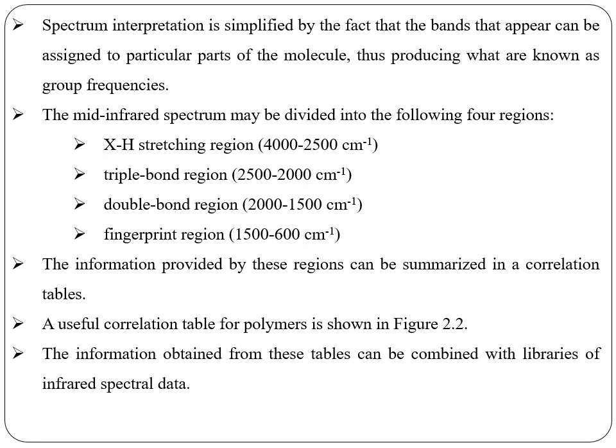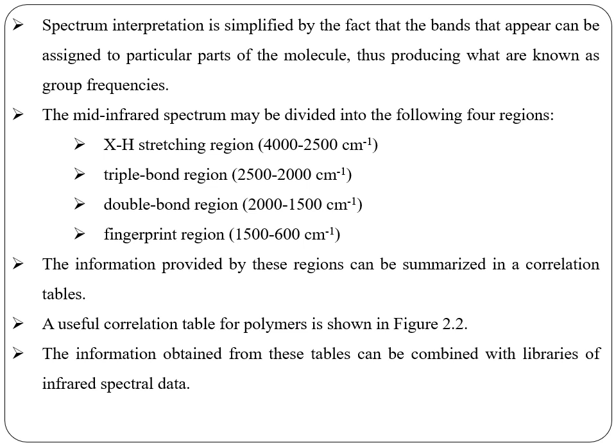Spectrum interpretation is simplified by the fact that the bands that appear can be assigned to a particular part of the molecule, thus producing what are known as group frequencies. The mid-infrared spectrum may be divided into four regions: X-H stretching region, triple bond region, double bond region, and fingerprint region.